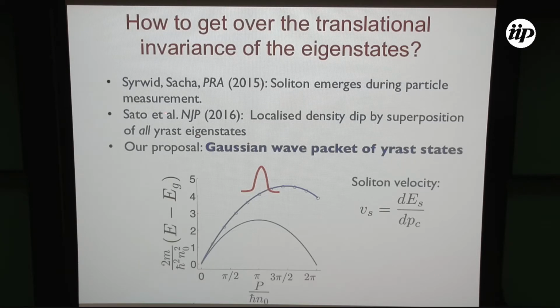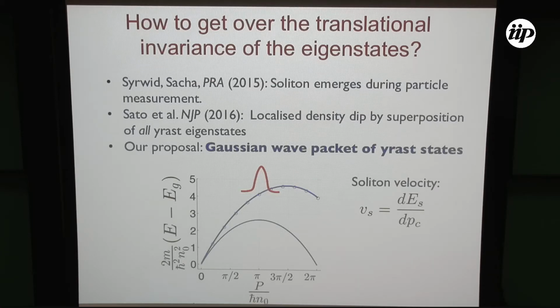There was some other work here by Sato and collaborators that shows that a localized density dip actually occurs if you make a superposition of all these yrast states. But they couldn't explain a lot of quantitative properties of these.